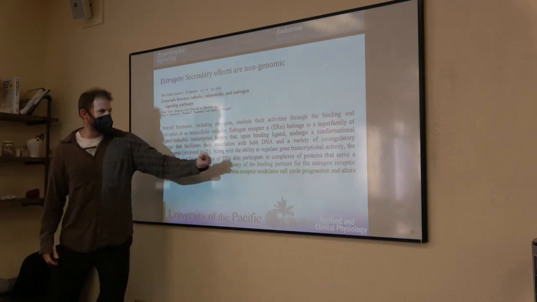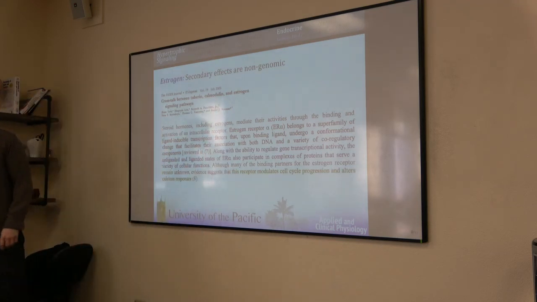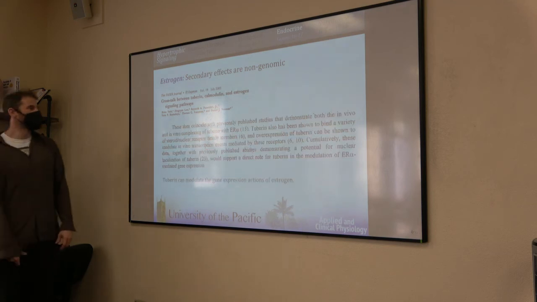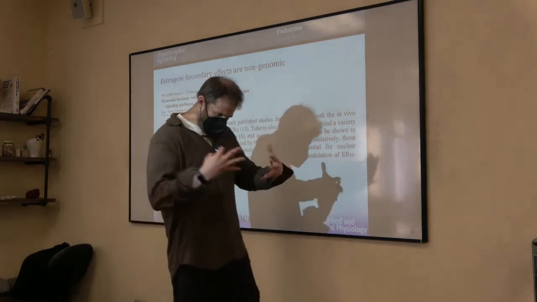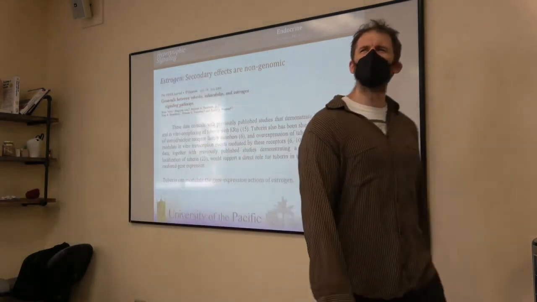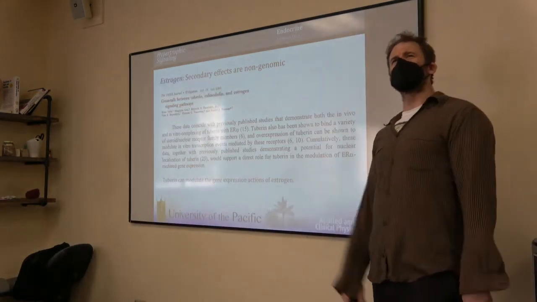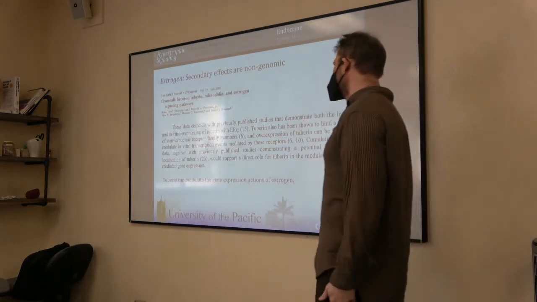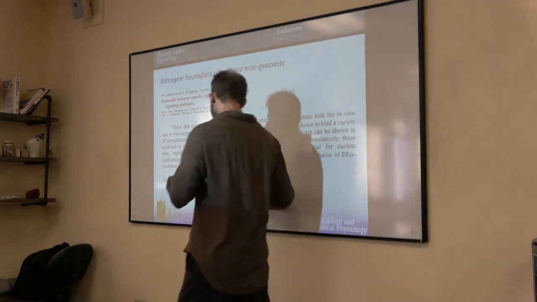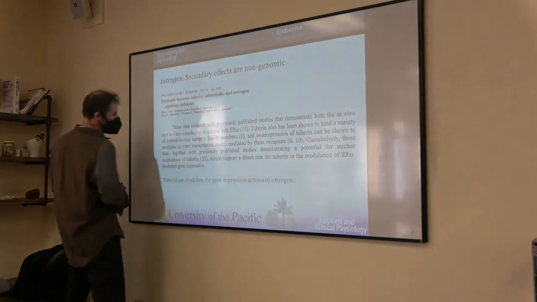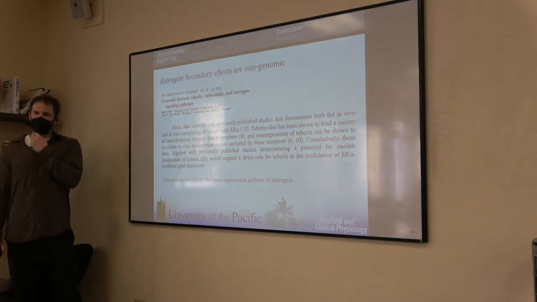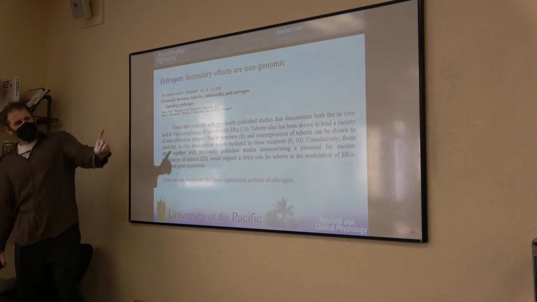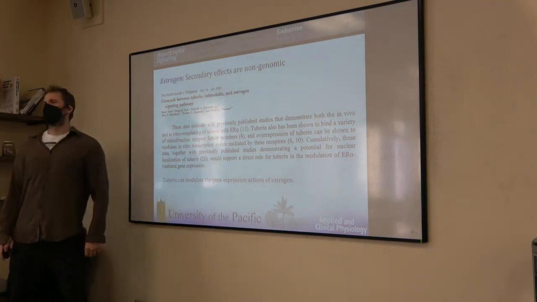This receptor modulates cell cycle progression and alters calcium responses. One of the things is this relationship that estrogen has with tuberin, the tuberous sclerosis complex, immediately upstream of mTOR. Tuberin can inhibit gene expression actions of estrogen. So tuberin is sort of an antagonist of estrogen.